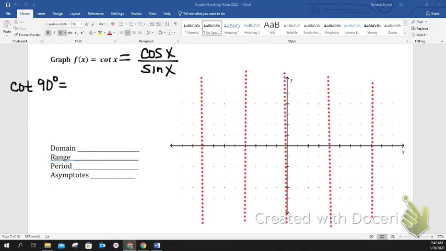To figure out the cotangent at 90 degrees, you need to take the cosine of 90 and divide that by the sine of 90. So essentially, I'm doing these 3 points. So this is 45, this is 90, and this is 135.